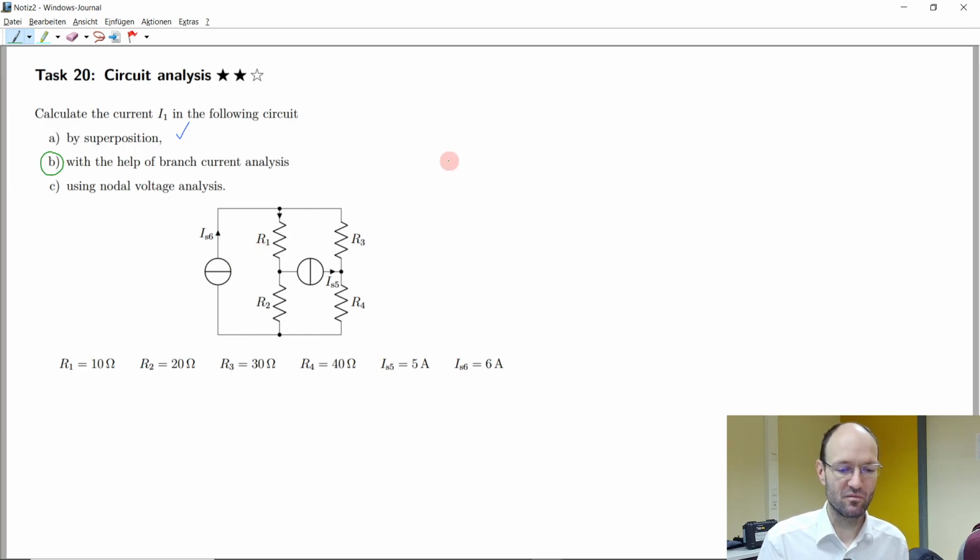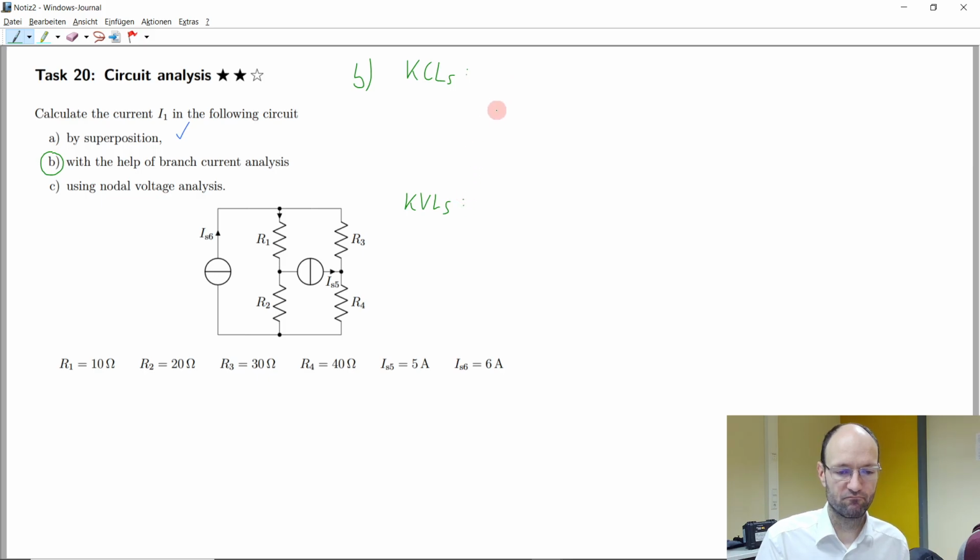Okay, but how did this branch current analysis work in general? Set up KCL and KVL. So we would need to set up Kirchhoff's current laws, and we need to set up Kirchhoff's voltage laws.